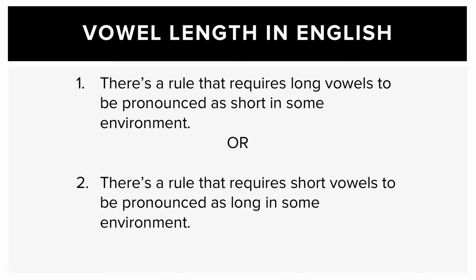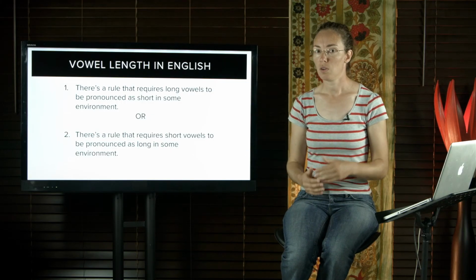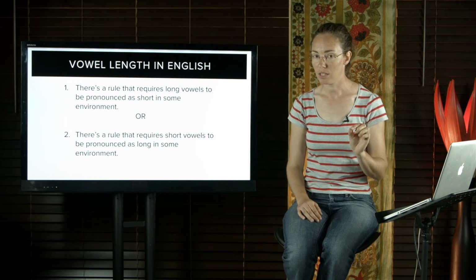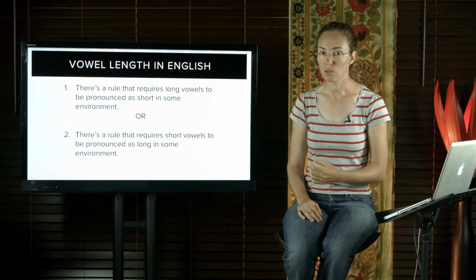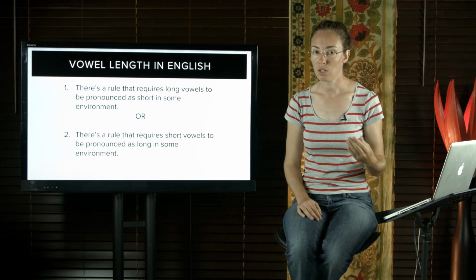Firstly, there's a rule that requires long vowels to be pronounced as short in some environment, or 2, there's a rule that requires short vowels to be pronounced as long in some environment. So, if 1 were true, then there would be some environment where we only find short vowels and no long vowels. If 2 were true, then there would be some environment where we only find long vowels and no short vowels.